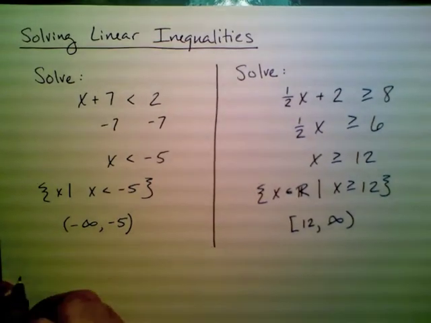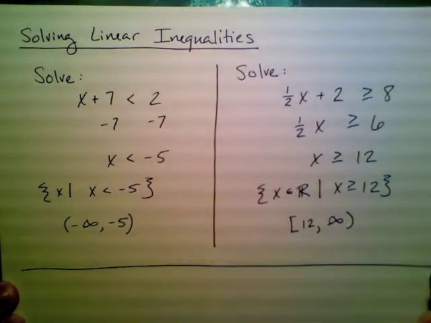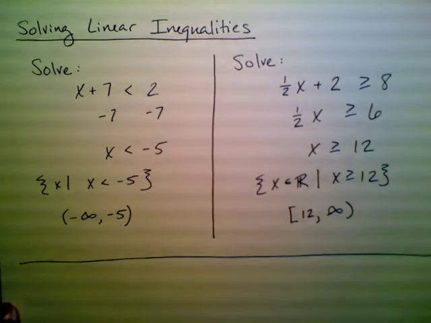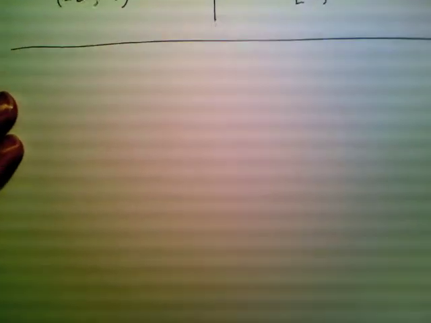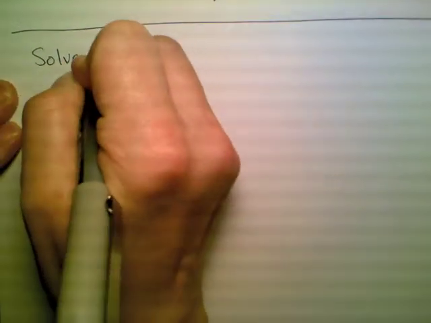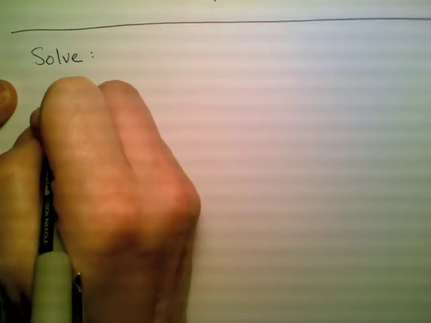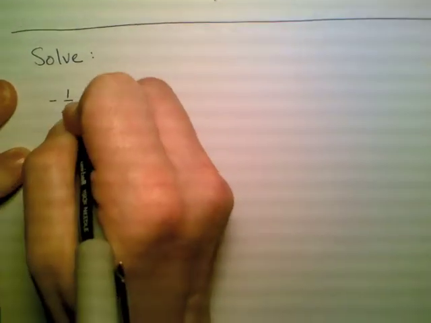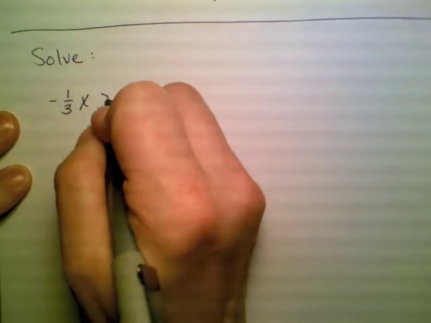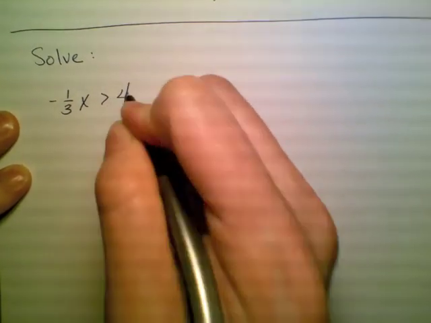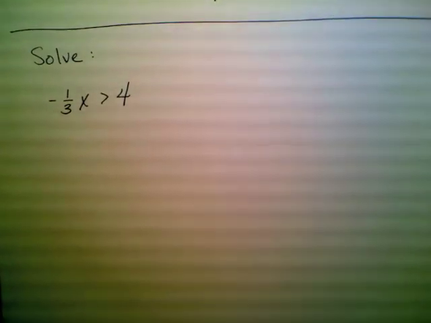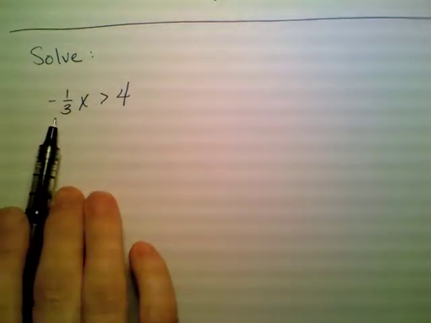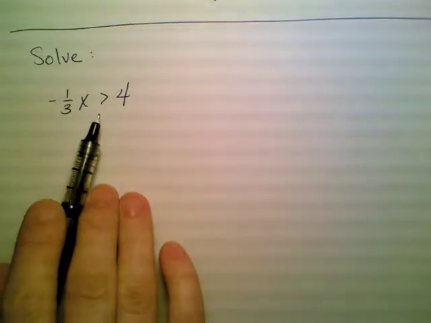So our next example, move my sheet of paper up. So now I have the inequality, -1/3 x is greater than 4.